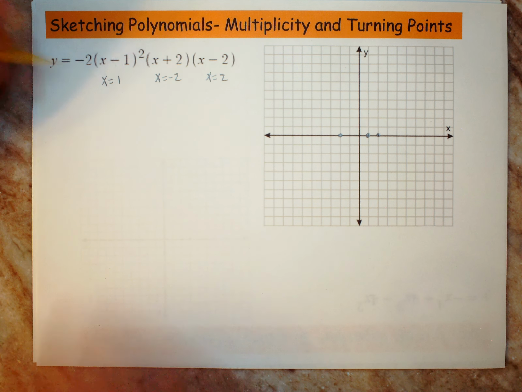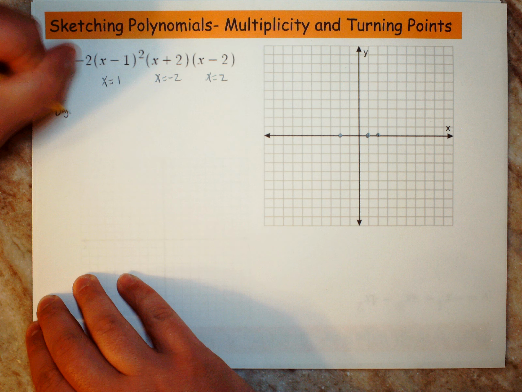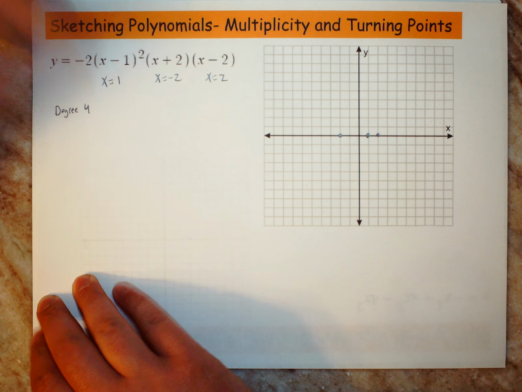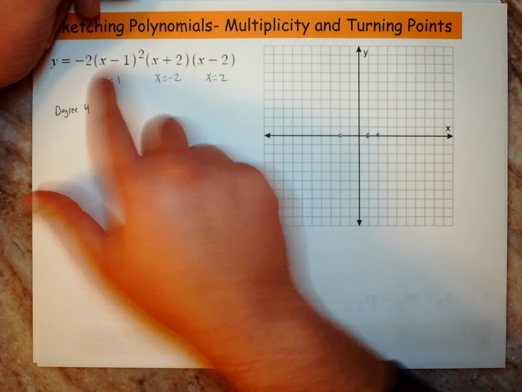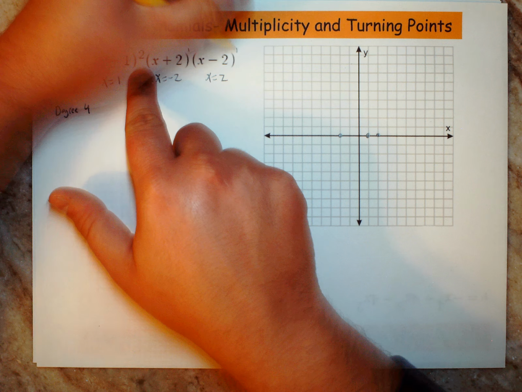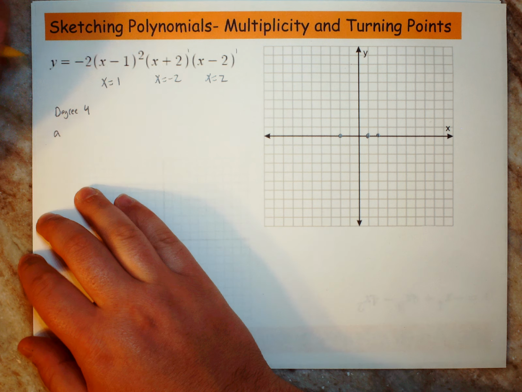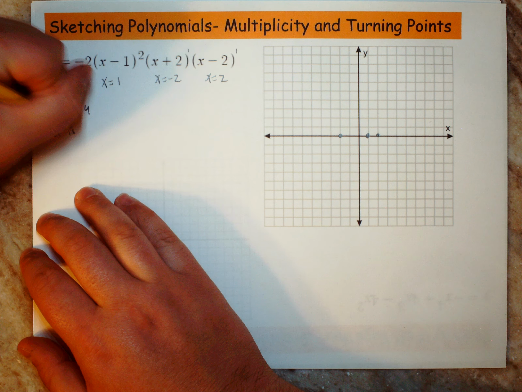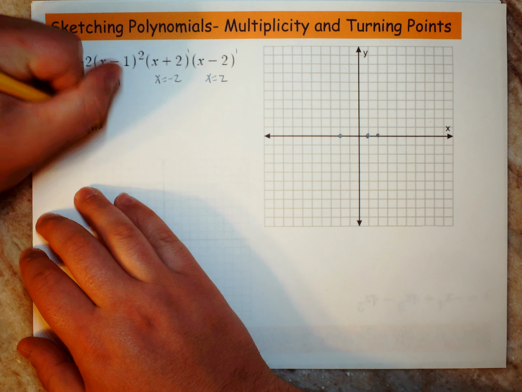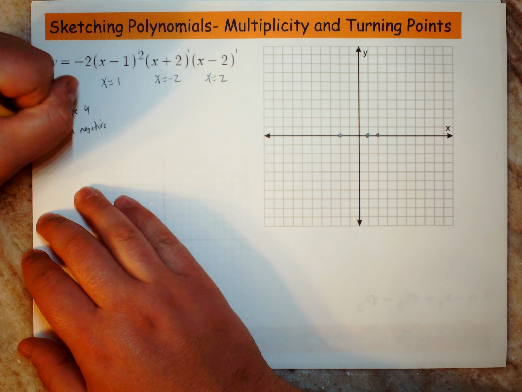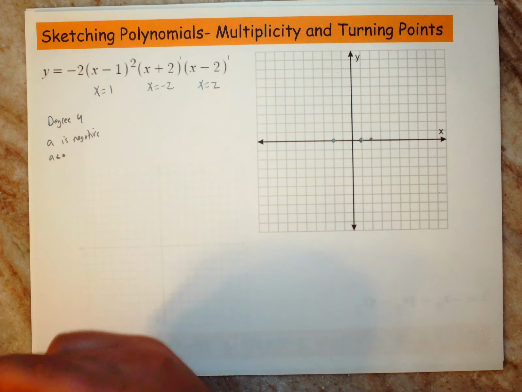So this is going to be a degree 4 because we have x squared, first power, first power. So this is a degree 4, and the a value is negative, or it's a is less than 0.